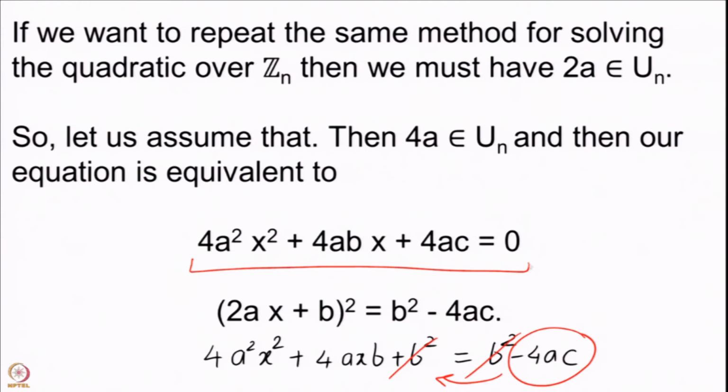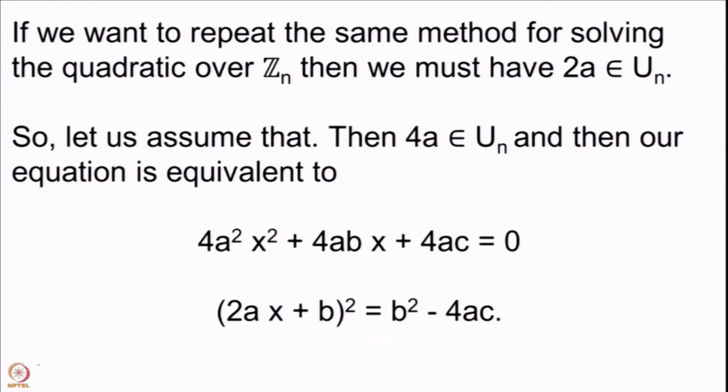So, the equation a²x² + 4abx + 4ac = 0 is equivalent to the equation that we have found here, and therefore what we then have to do is to find the square root of this element.